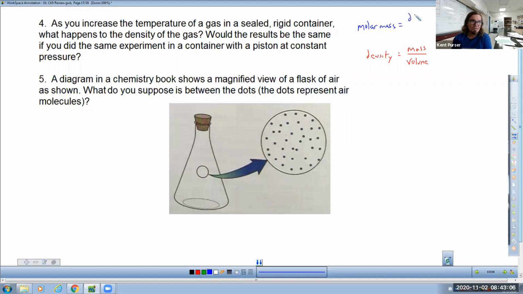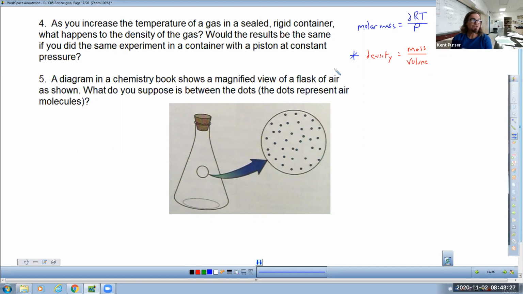Gas density had the formula molar mass equals dRT over P, and density equals mass over volume. This is just a first week of school kind of formula, a third week of regular chemistry kind of formula.